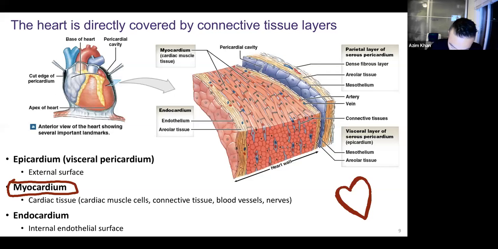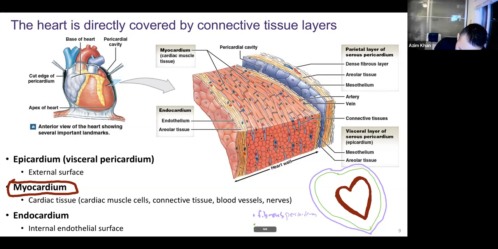Surrounding the very, very outside is the fibrous pericardium. This is not to scale. Fibrous pericardium. And then surrounding that, you've got parietal pericardium.